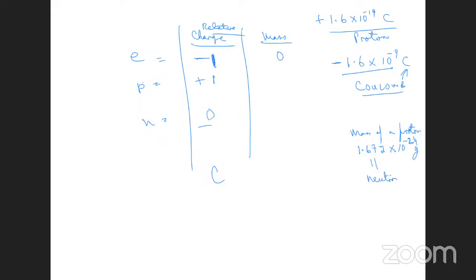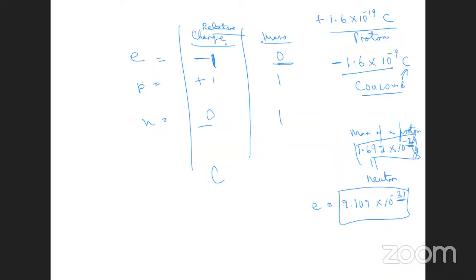But when it comes to electron, the mass is 9.109 times 10 to the -28. Therefore, relative to that, we say electron has 0 mass, proton has 1. So when I say this 1, 1, they are relative charge, relative mass. Electron -1 charge, no mass. Proton +1 charge, mass 1. Neutron, no charge, 0, mass 1. That's important to remember.